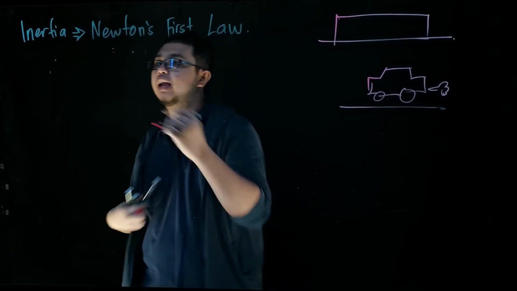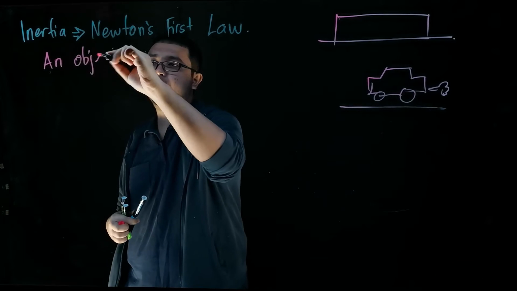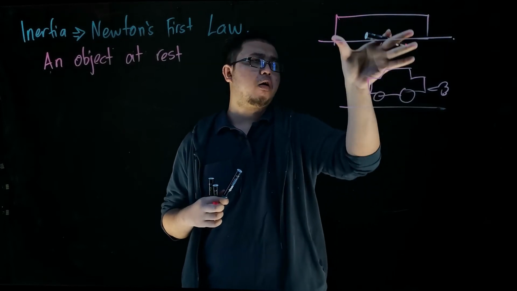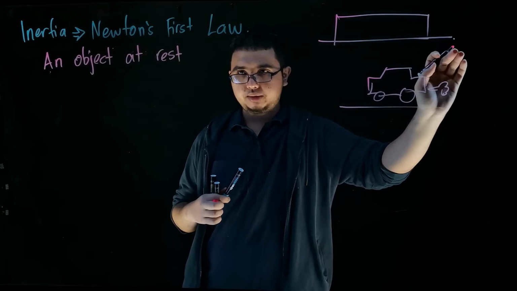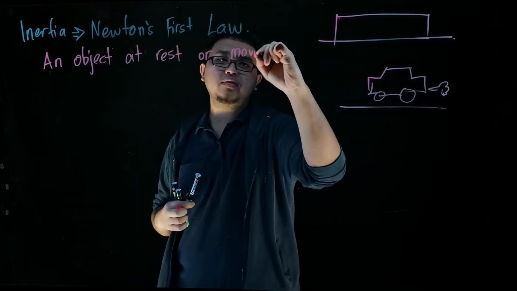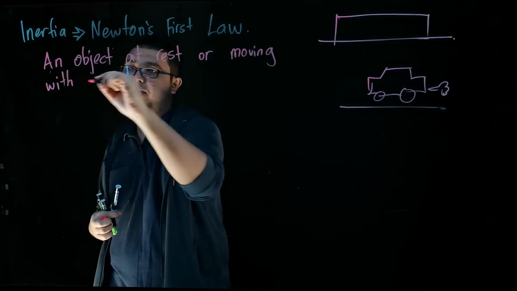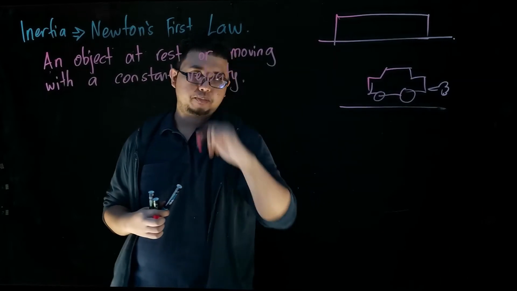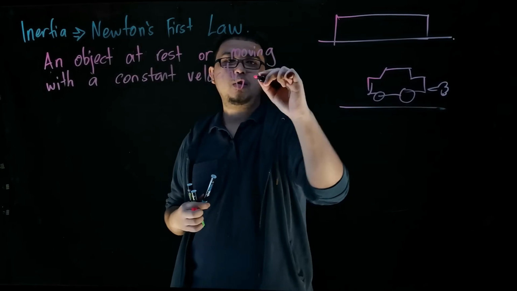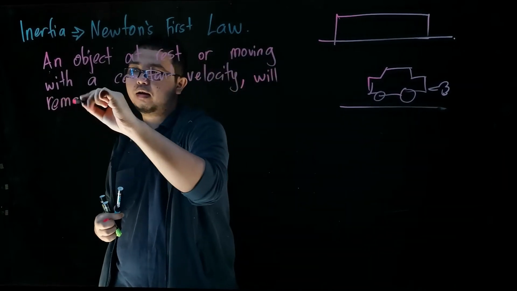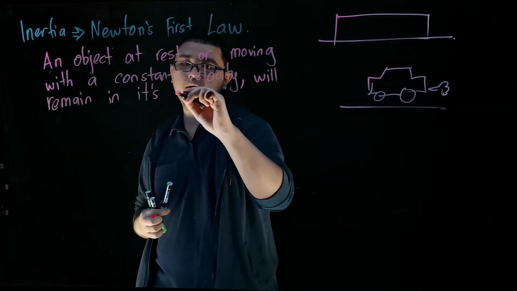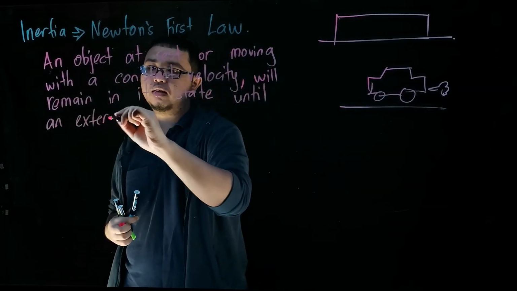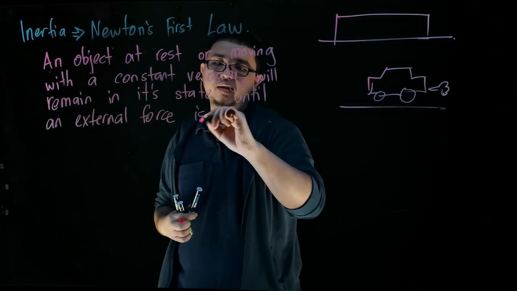Newton's first law states that an object at rest, for example, let's say we have a block of wood resting on top of a table, or moving with a constant velocity, for example the car that we have here, will remain in its state until an external force is applied on it.